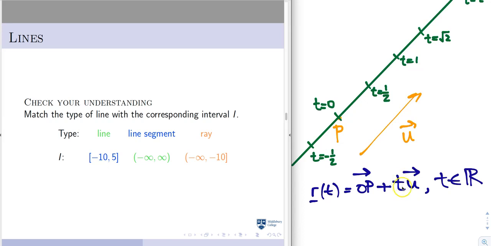So after one time step, we will have moved 1 unit in the u direction. Similarly, after 2 time steps, we would have moved 2 units in the u direction, and so on and so on. When t is a negative number, this means that we're going back in time. Or another way of saying this is that we're going in the reverse direction along the line from the point P.